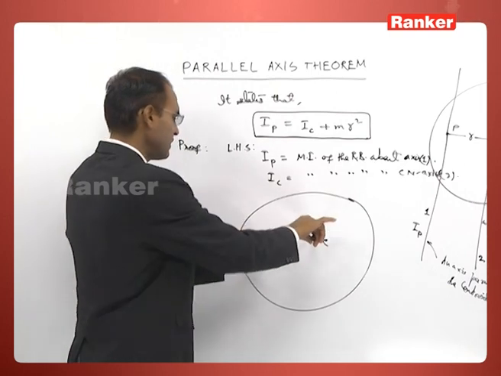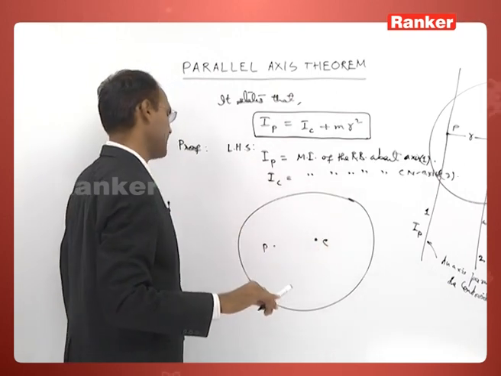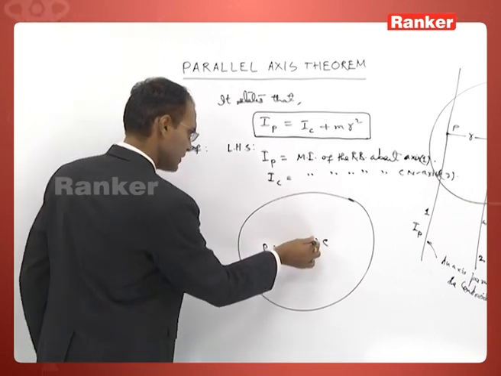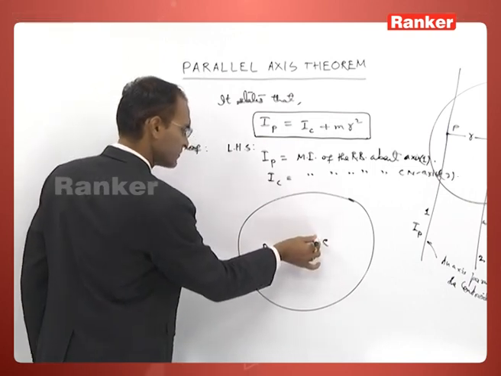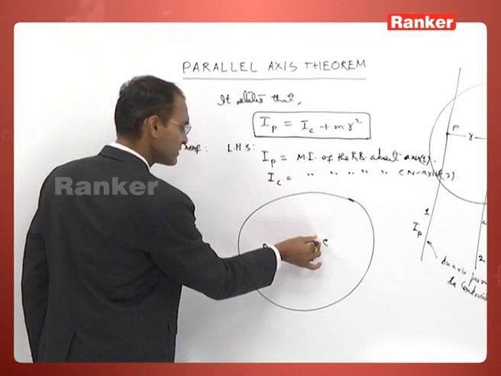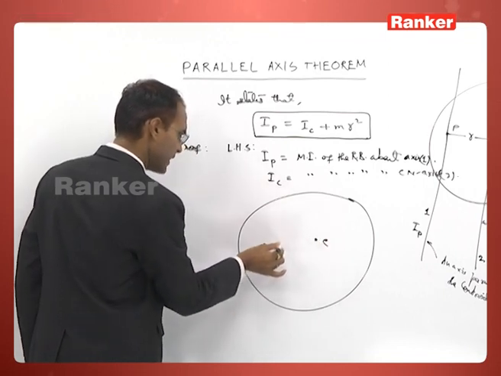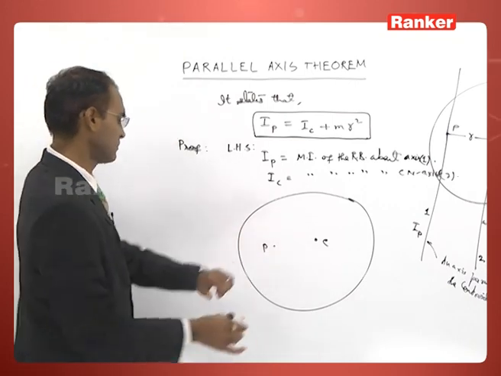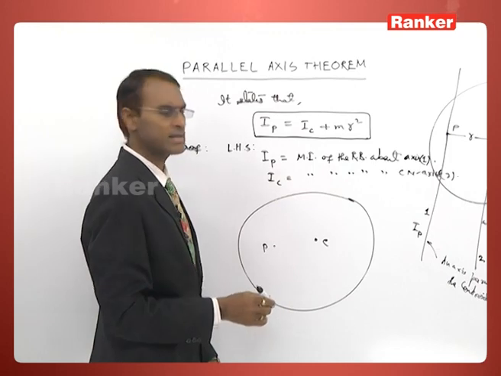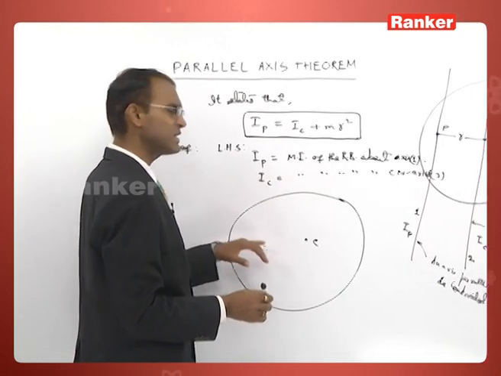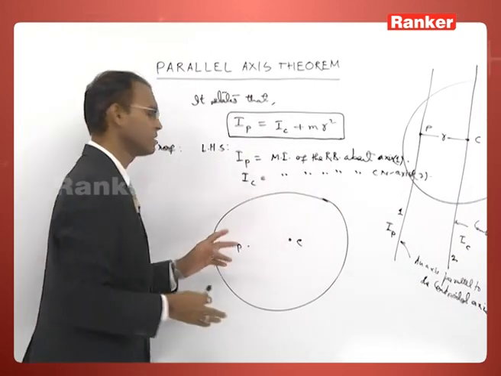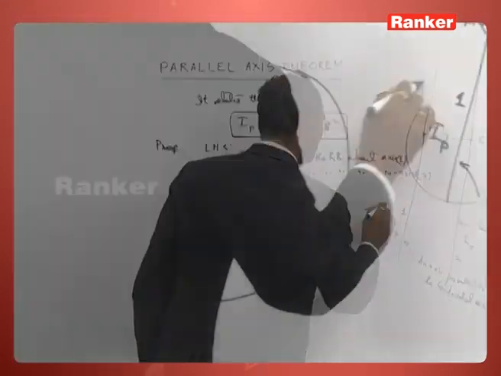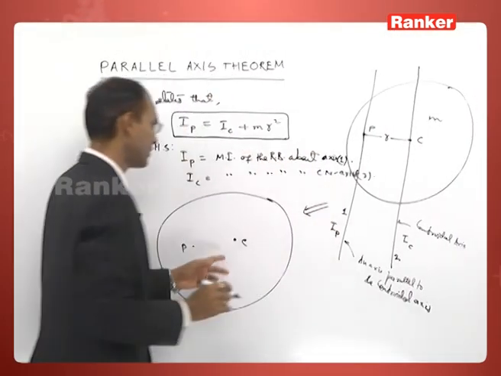These two axes are parallel. You put the axis like this, which passes through the center of mass C, and another axis like this, which passes through the point P. These two axes are parallel because they are both perpendicular to the whiteboard. So this diagram can be drawn in this way.